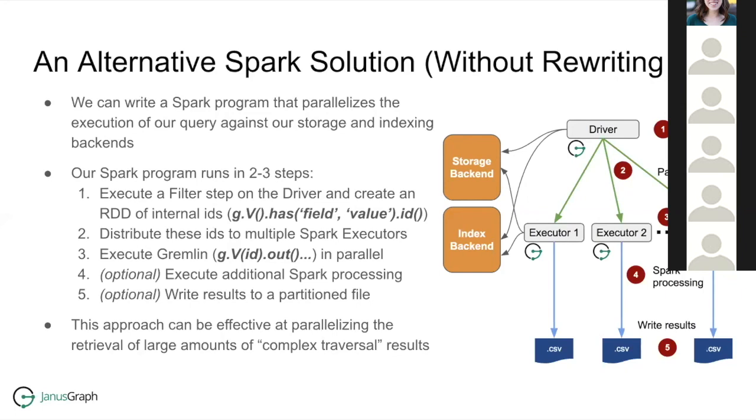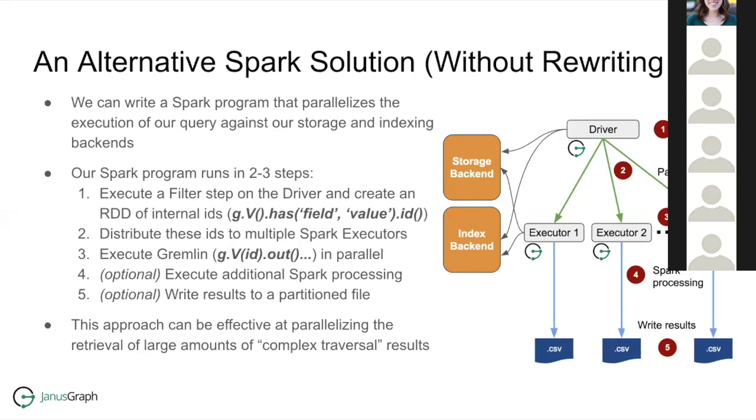And then when we get to step 3, what we're talking about is that each Spark executor is going to be able to execute this business logic on its unique set of IDs. And so for each ID, it's going to basically call g.V(id), et cetera. Do some sort of normal traversal, some grouping, some aggregations, things like that.